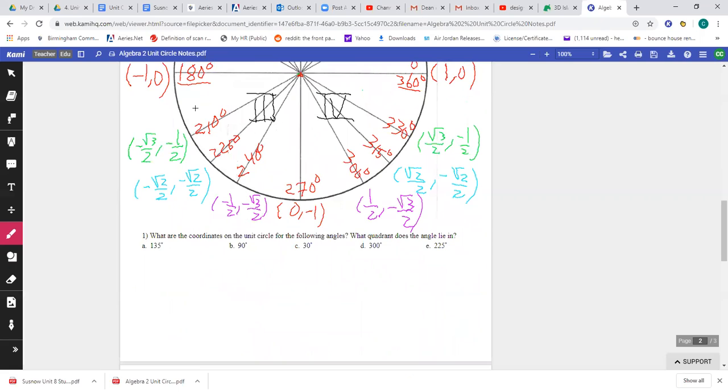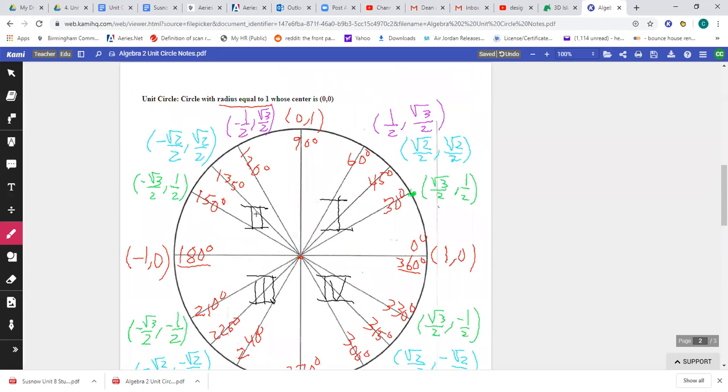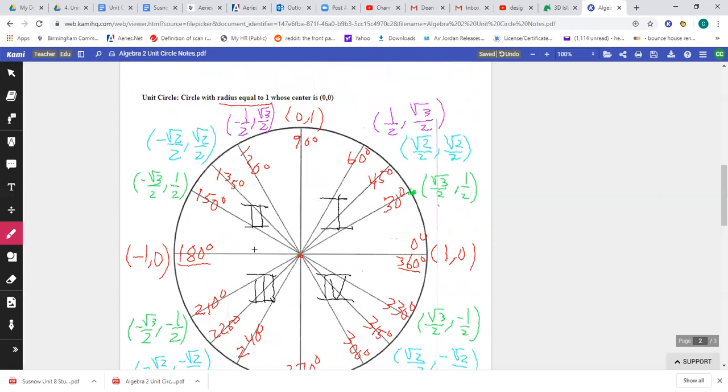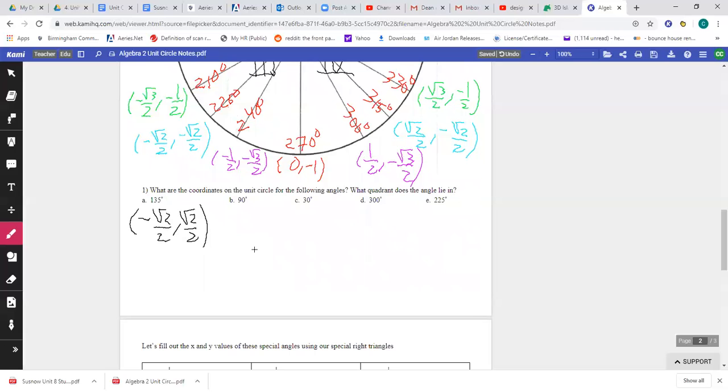That's all I'm going to write. And then the second question is what quadrant does the angle lie in? 135 is right here. That is quadrant 2. After all that, you see how easy this is?